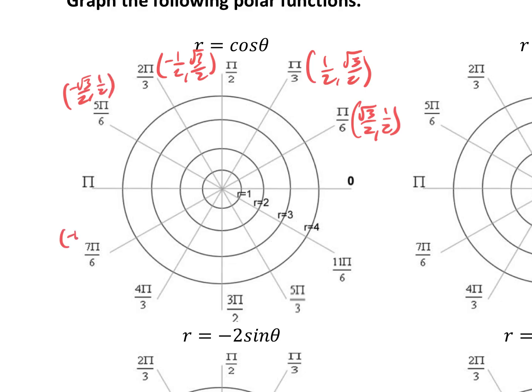We've got negative root 3 over 2 for cosine, negative 1/2 for sine, and we have negative 1/2, negative root 3 over 2. I'm skipping the 90s because they're pretty straightforward, zeros and ones. And we have 1/2, negative root 3 over 2, and root 3 over 2 and 1/2.